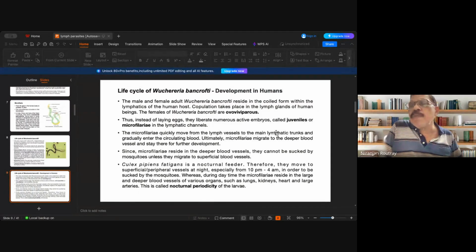How do they enter from lymphatic to circulating blood? As I told you in my first class, the lymph originates from the blood, and it is a continuous process. So if we don't allow the lymph to be emptied into the blood, our volume of blood will go on decreasing. So it is a continuous phenomenon.